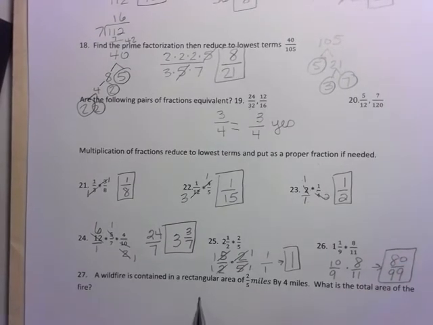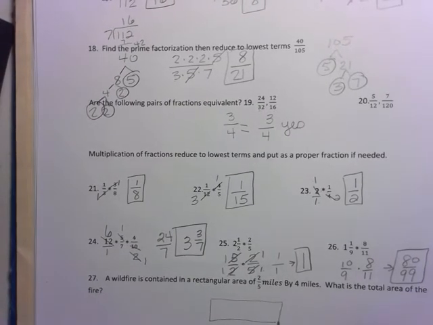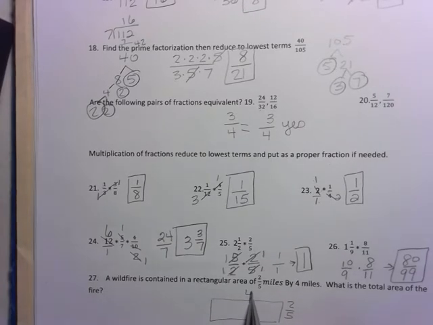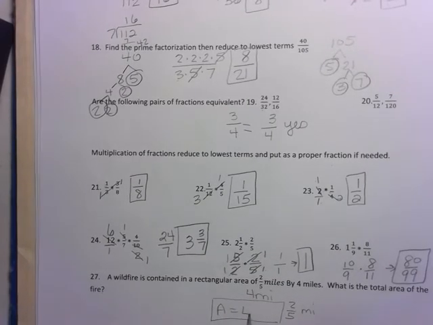Here we have a rectangular area, 2/5 by 4 miles. And we want to know the area. Area equals length times width.